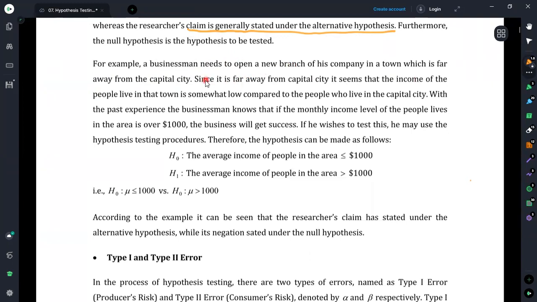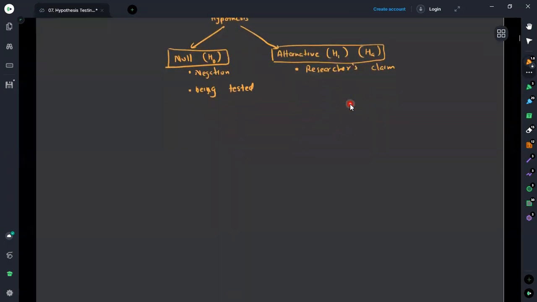Since the city that he has chosen is somewhat far away from the capital, the income of the people living in this town is somewhat low compared to the people who live in the capital. The businessman is operating a business in the capital, then he is moving to a far village, or say a small town.